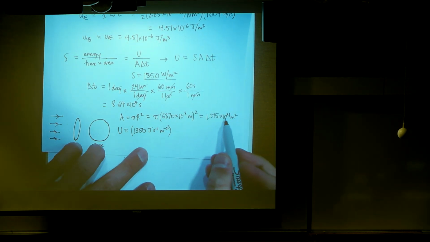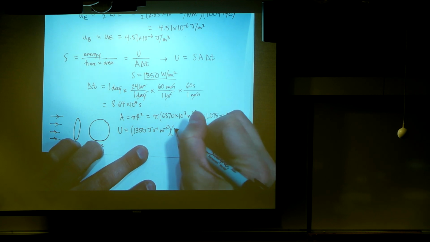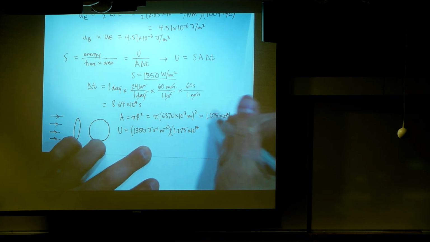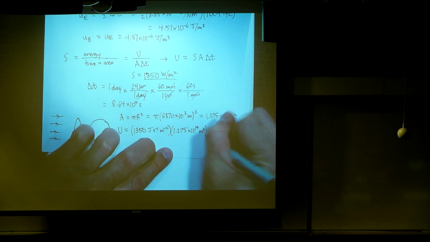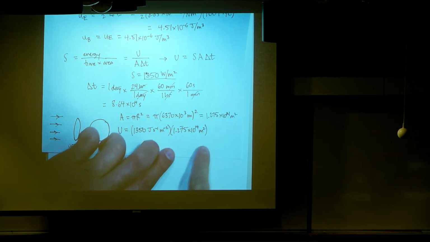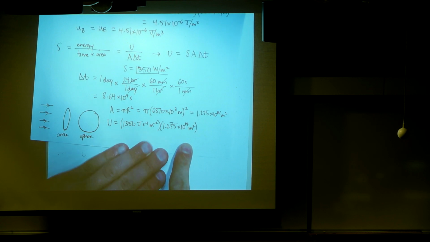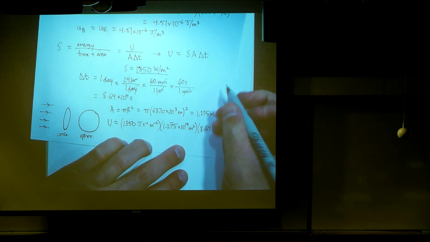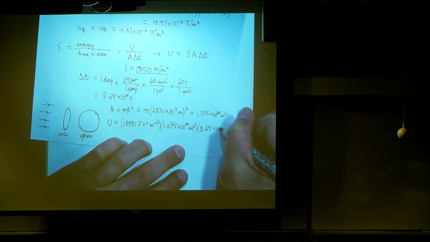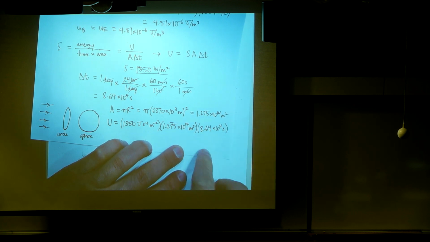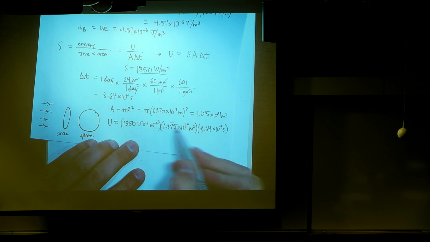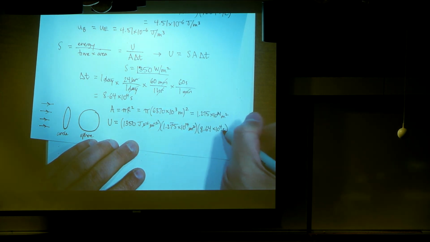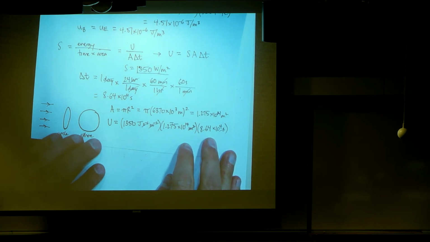And then our area right here is 1.275 times 10 to the 14 meters squared. And then our delta T, the time interval, is 8.64 times 10 to the power 4 seconds. So you see meters squared cancel here and here, seconds cancel here and here, and we just get joules, right?